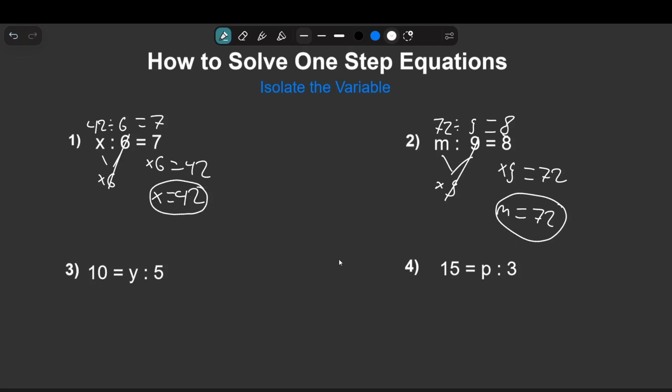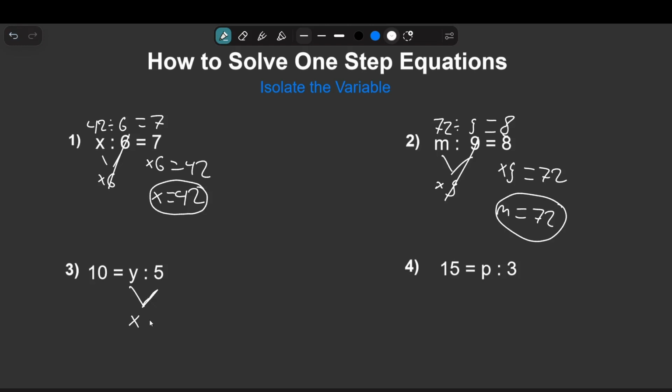Let's go over to our third example, where we have 10 equals y divided by 5. As you can see, this is in a bit of a different order, but it's exactly the same thing. We are just isolating the variable again by inversing the operation we are given. We are dividing, so we have to multiply.